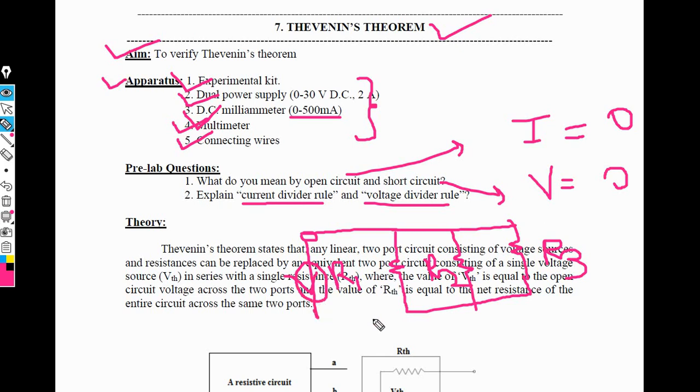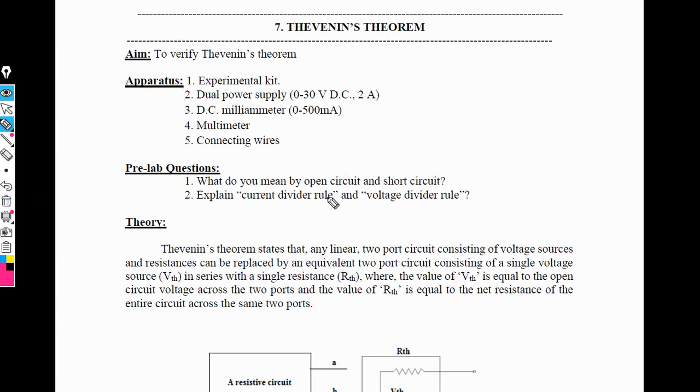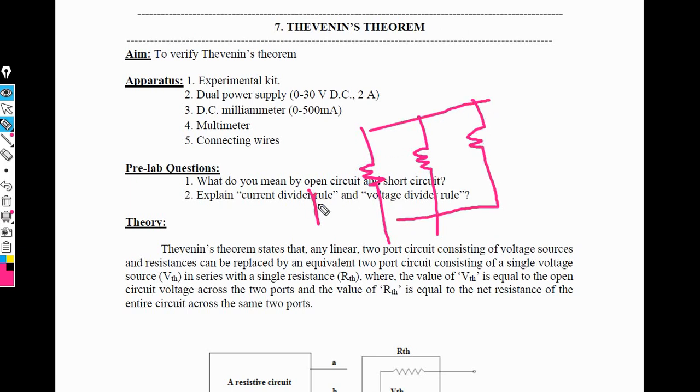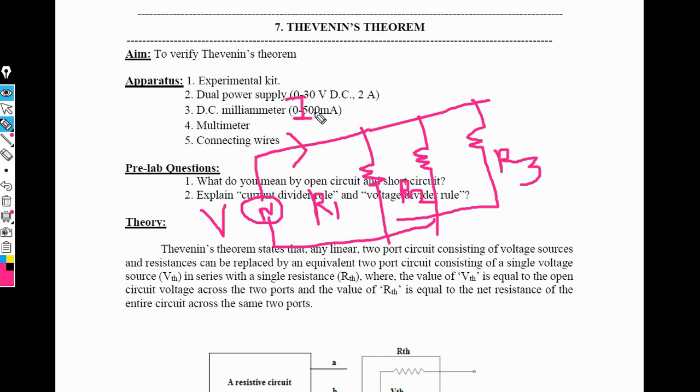Voltage V is applied, with current I1, I2 and I3 flowing through the branches, and voltage across them V1, V2 and V3.